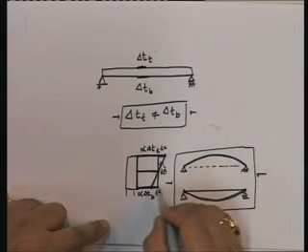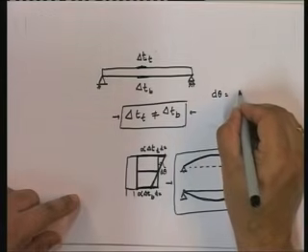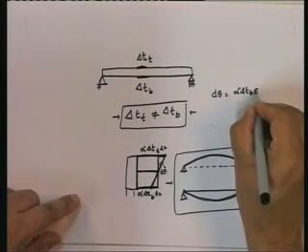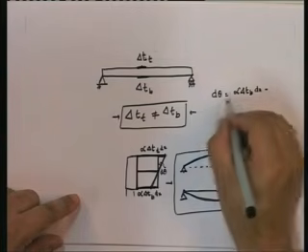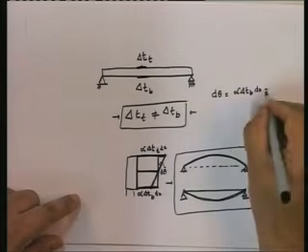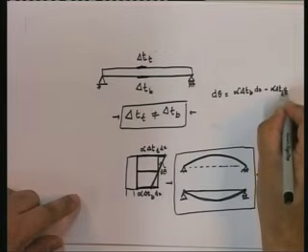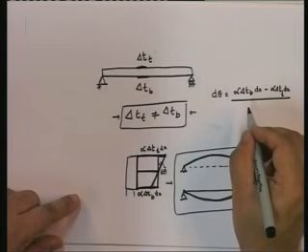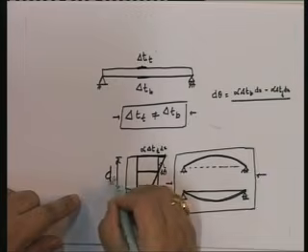And d theta is going to be equal to alpha delta T bottom dx minus, because remember that d theta is positive in this direction, so that's why it becomes negative, alpha delta T top dx, all upon the depth of the beam.